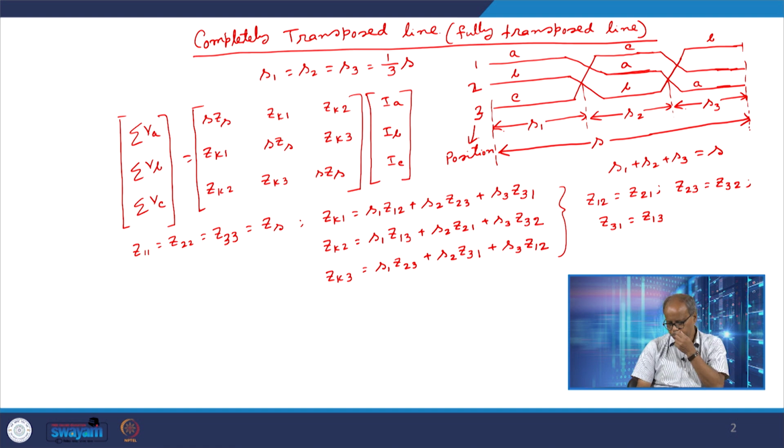Now what were the expressions of all these Z11 and Z21?